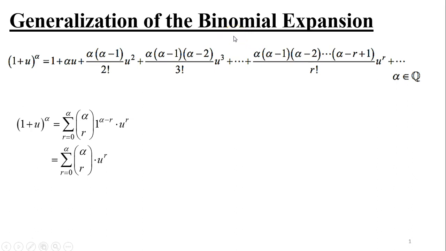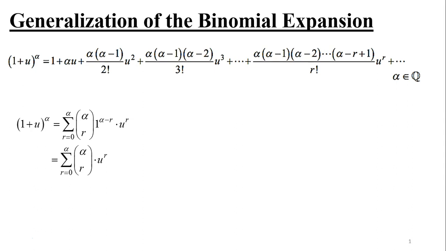Usually in the exercises, the question specifies up to which order or rank you stop your expansion. Here it's stopping at α because this is based on the binomial theorem where α is a natural number. But keep in mind that when α is in Q, the expansion can keep on going infinitely.